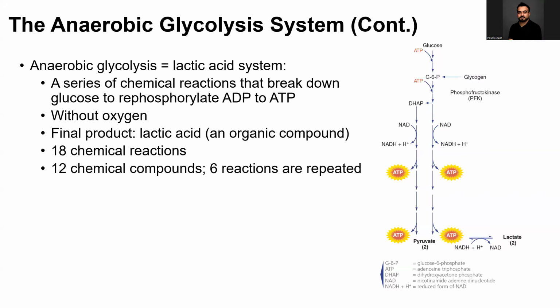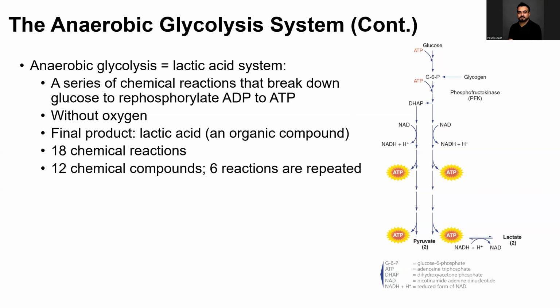It's a series of chemical reactions that break down glucose to rephosphorylate ADP to ATP. We don't need oxygen, that's why it's anaerobic. And the final product is lactic acid, which is an organic compound, just like creatine. It is an organic compound because it contains carbon atoms in its chemical structure.